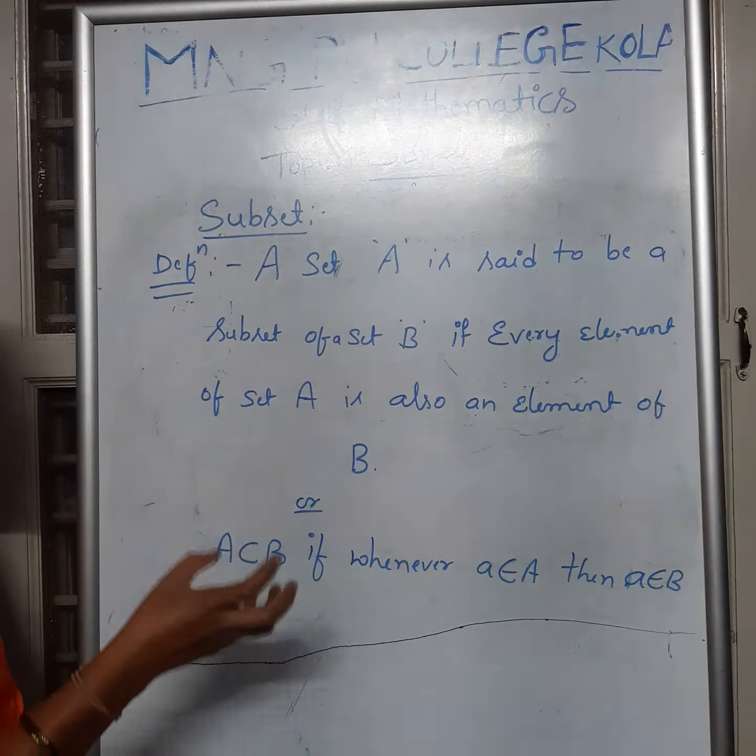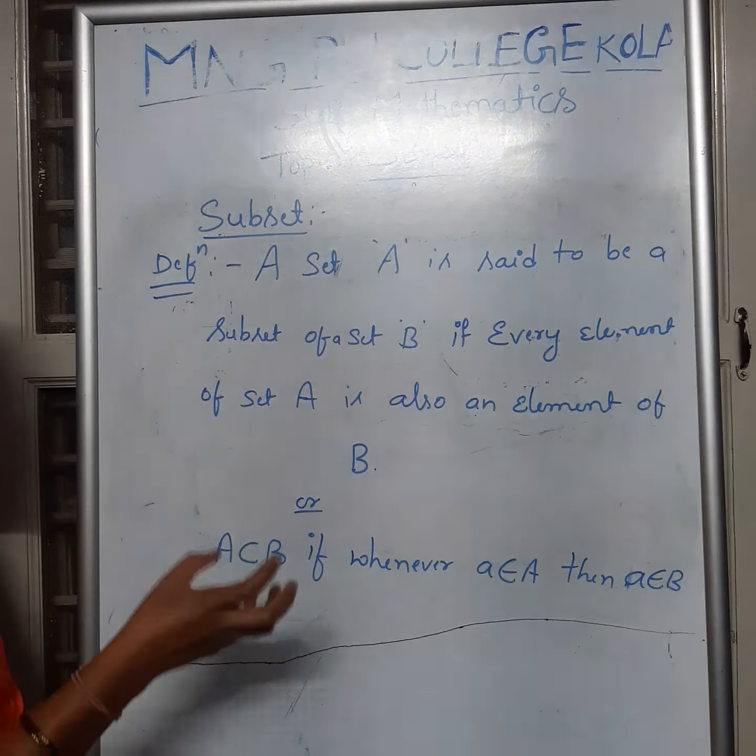That's why we call set A a subset of B. The elements of set A are contained in set B. Whenever x belongs to A, then x also belongs to B. That's why set A is called a subset of set B.